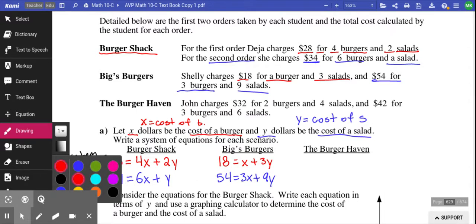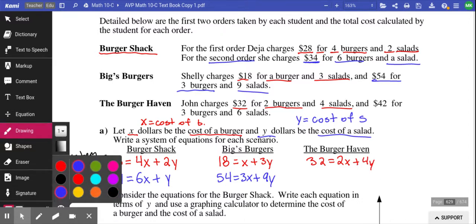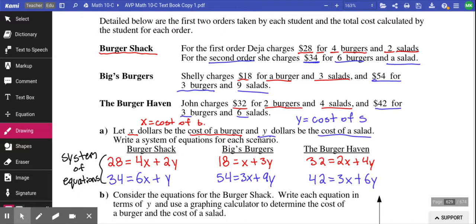If we go to Burger Haven, we have $32 for 2 burgers and 4 salads, so it'll be 32 equals 2x plus 4y. And the second equation would be $42 for 3 burgers and 6 salads, so 42 equals 3x plus 6y. Like that. What we've built is a system of equations for each store based on the cost of a burger and the cost of a salad.